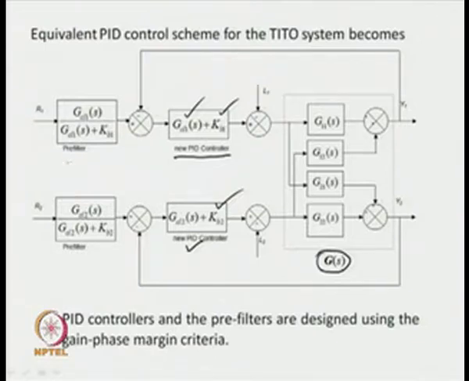Now, the scheme also has pre-filters given by the upper one as GCL1(s) upon GCL1(s) plus KB1, and the bottom one pre-filter is given as GCL2(s) upon GCL2(s) plus KB2.